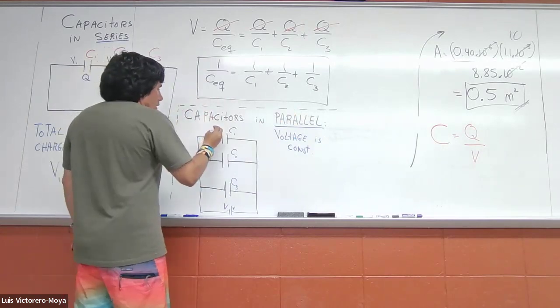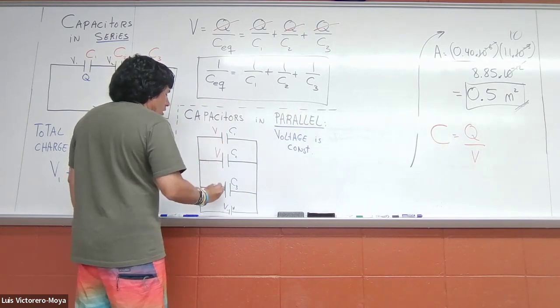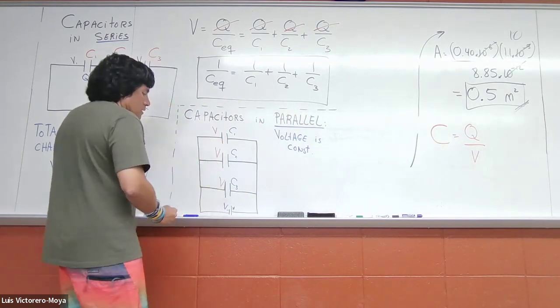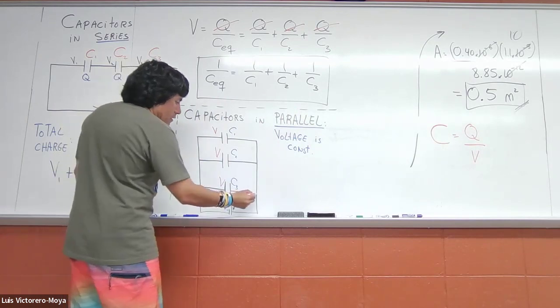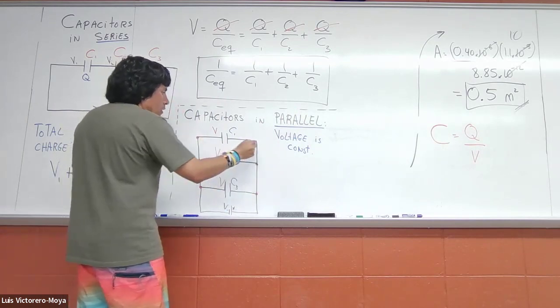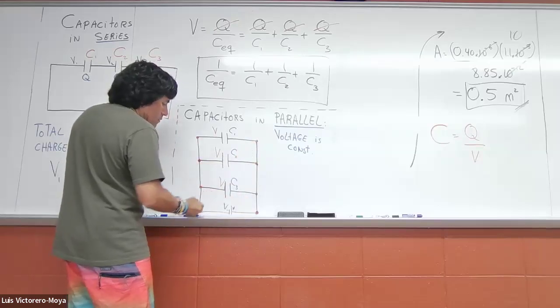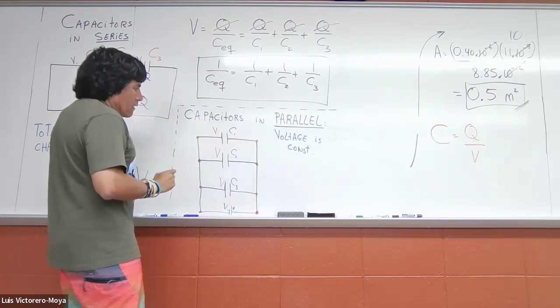So this is a V, V, V. That's because of this, by the way. See this? The endpoints all are the same potential. The potential difference is the same.